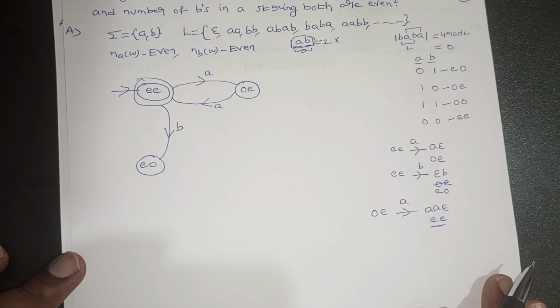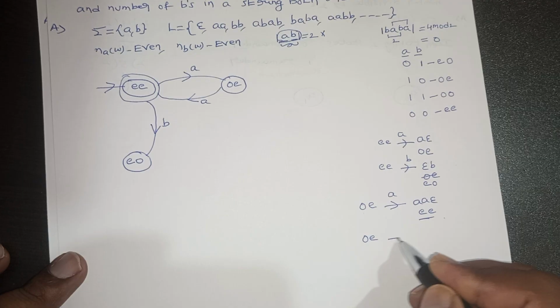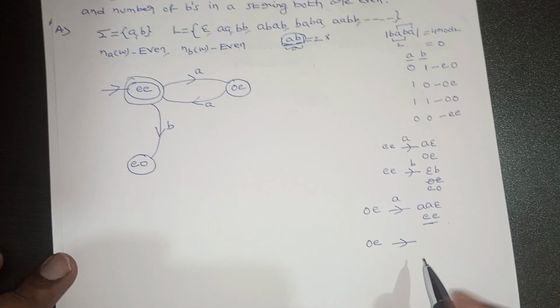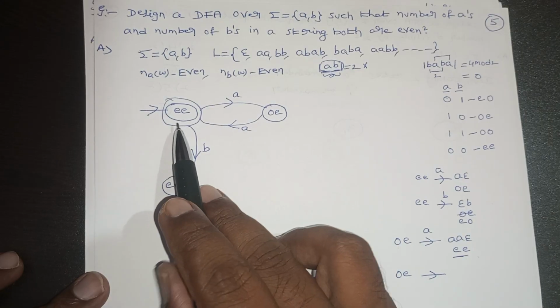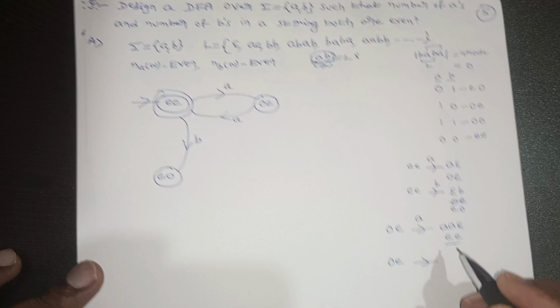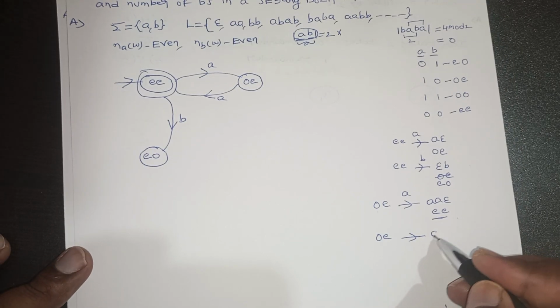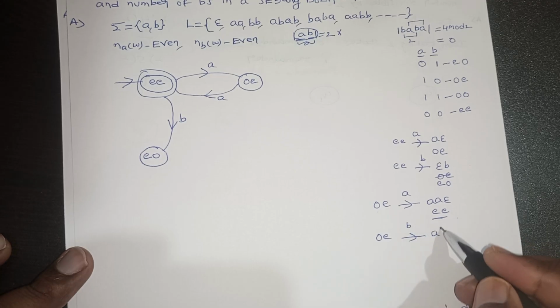Now we have to form the edge OE on B. First of all, how do I reach OE from the start state E? Through the path A. First write the path A. Then I have to see B. Write B here.